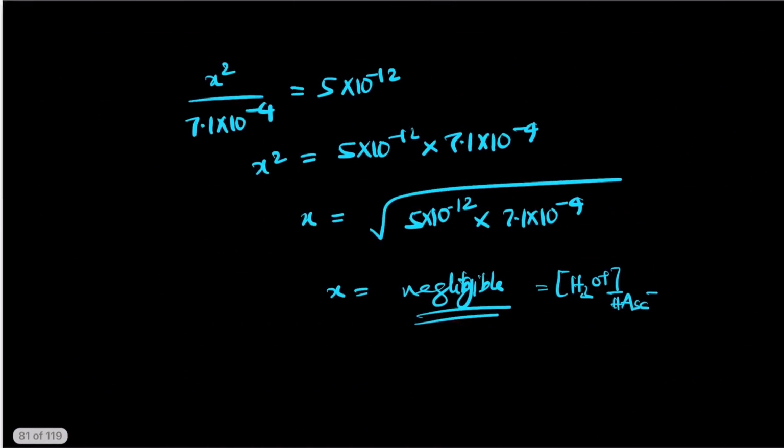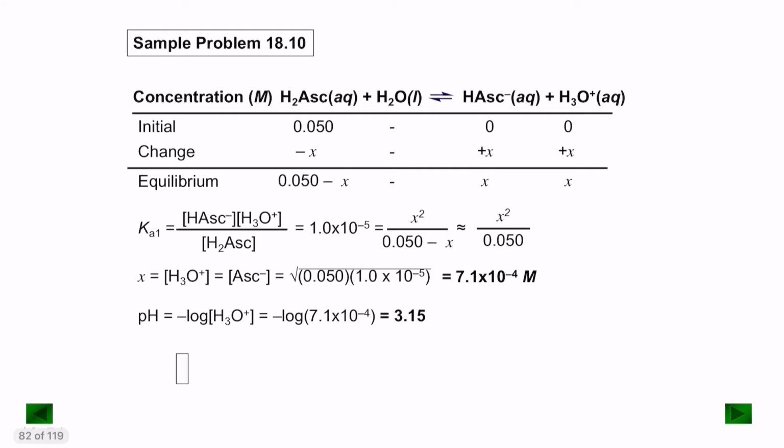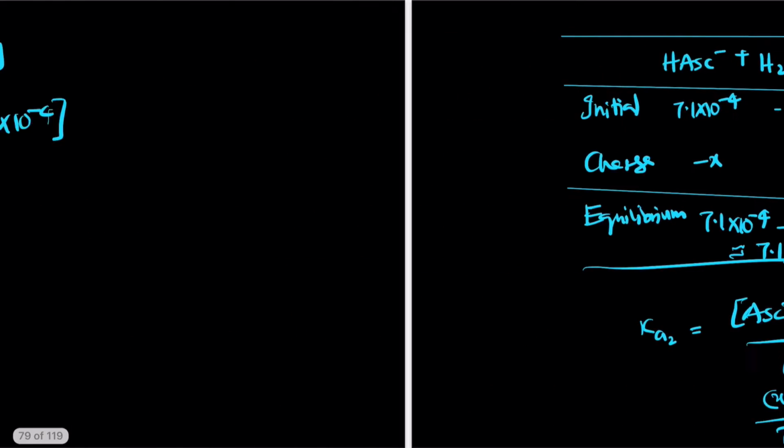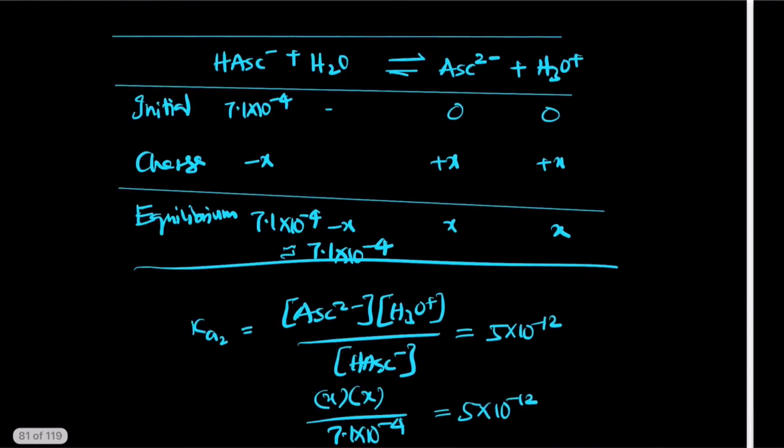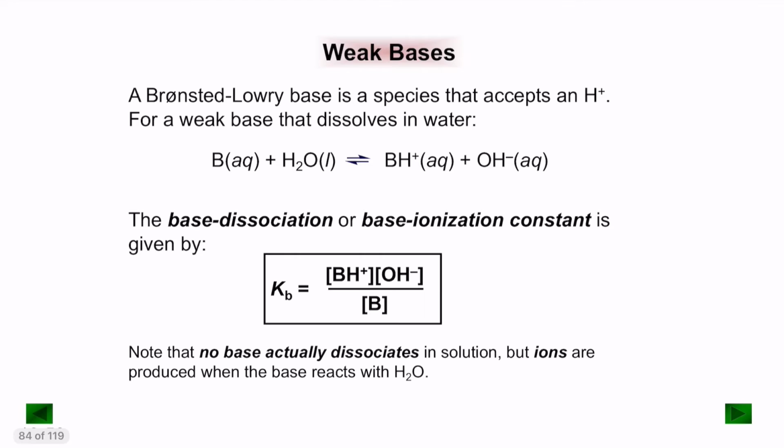So pH is negative log of H3O plus, which is negative log of 7.1 times 10 to the power negative 4, which becomes equal to 3.15. So this is the pH of the given amount of acid. This is how you can calculate the dissociation values using the acid values.